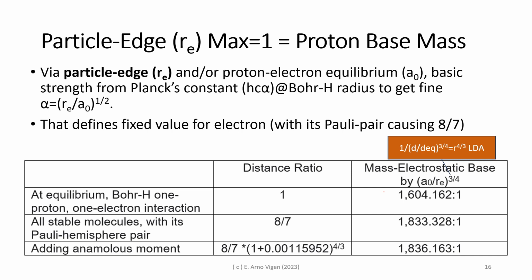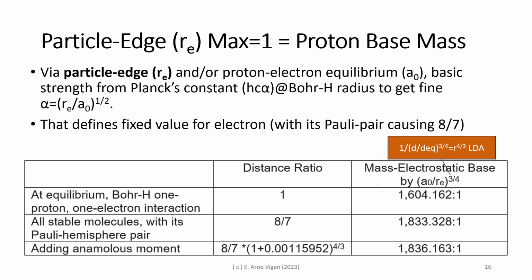The full value is 18,778. And the square root of that is 137, which of course is the fine structure constant. And so this scaling of AO to RE by some W over V exponent is very common in physics.